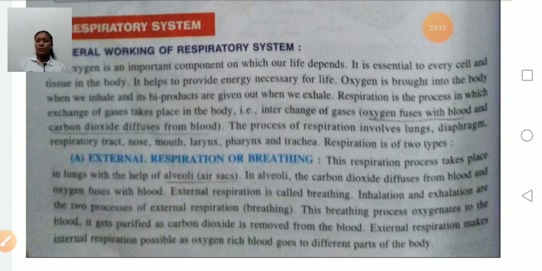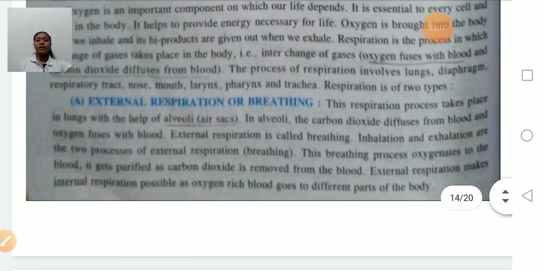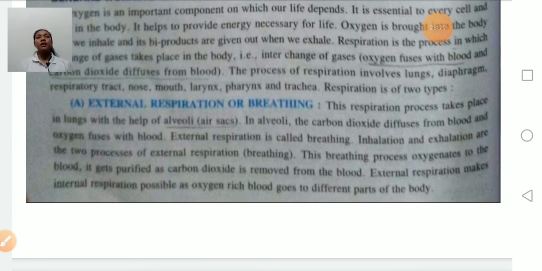There are two types of respiration: external respiration and internal respiration. External respiration takes place between the lungs and blood, in the lungs with the help of alveoli.